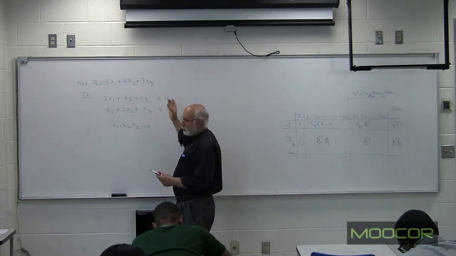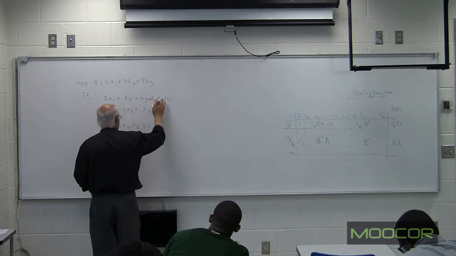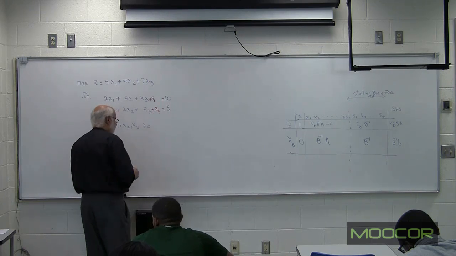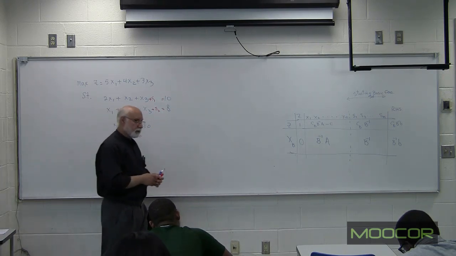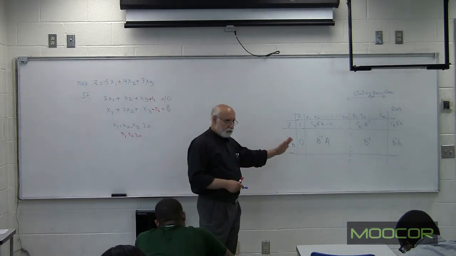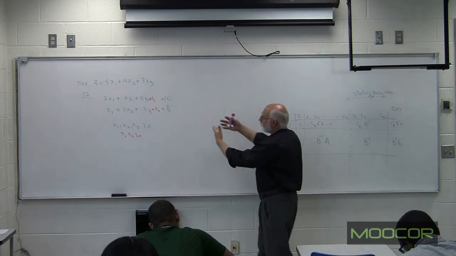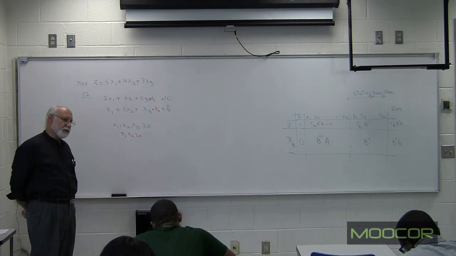The standard form of this problem will consist of adding an s1 here, converting that to an equation, an s2 here, converting that into an equation, something like this. And when we want to put them inside the tableau, this S1 and S2 will be where we have our starting basic feasible solutions.